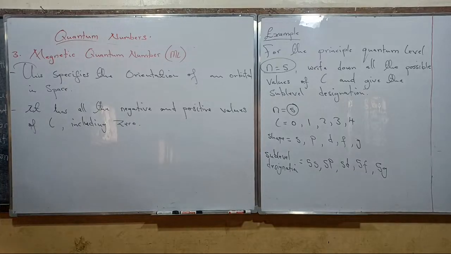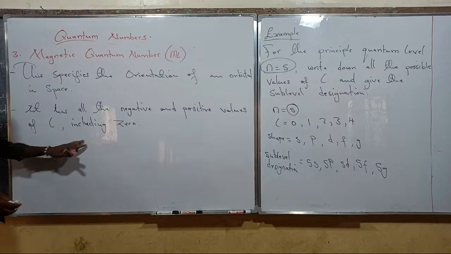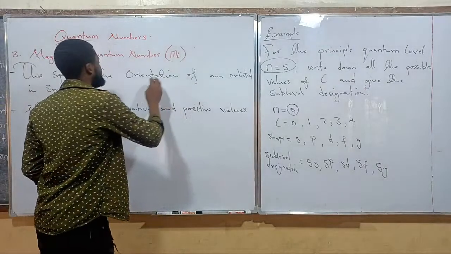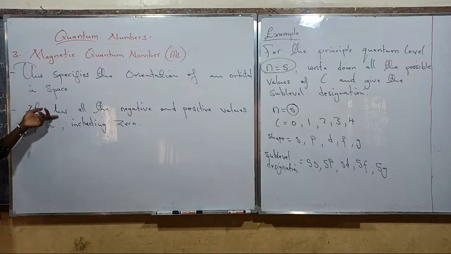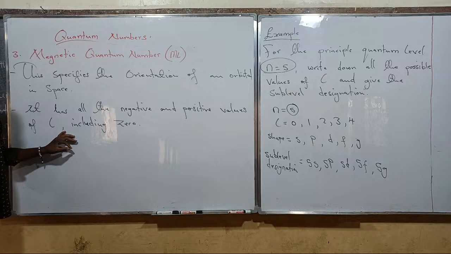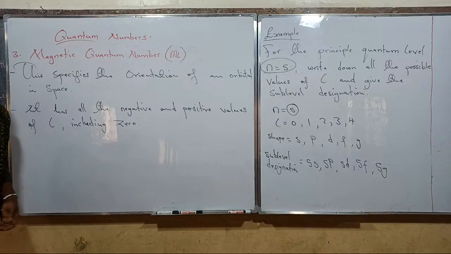So what do they mean in this case? Let me just give you a chart. The magnetic quantum number specifies the orientation of an orbital in space. It has all the negative and positive values of L, including 0.